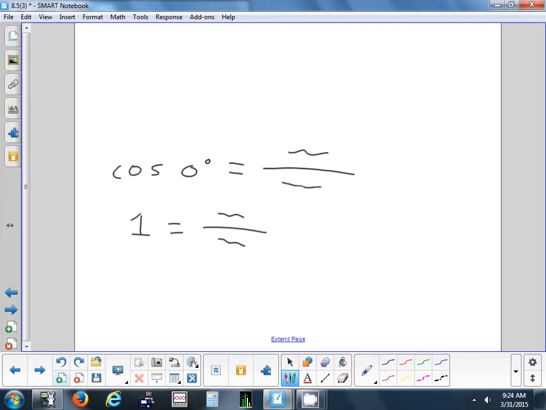How can a fraction equal 1? How does that happen? If the numerator and denominator are the same. Great. So if the numerator and denominator are the same, your vectors are parallel. In other words, if the dot product is equal to the product of the magnitudes, you still have to find both, though. There's no shortcut. But if they come out equal, you get 1.